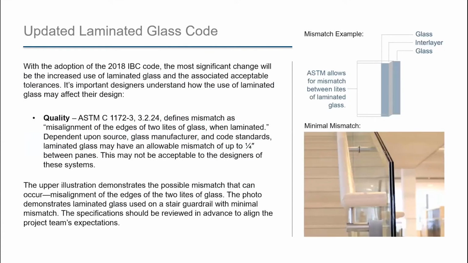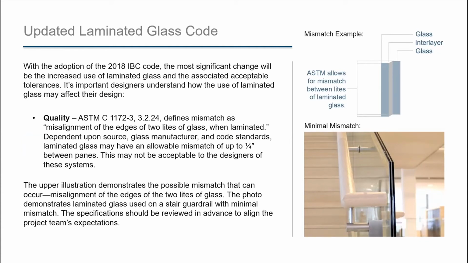It's important for you to understand the new updated laminated code, so let's review this information in depth. With the adoption of the 2018 IBC code, the most significant change will be the increased use of laminated glass and the associated acceptable tolerances. It's important designers understand how the use of laminated glass may affect their design.